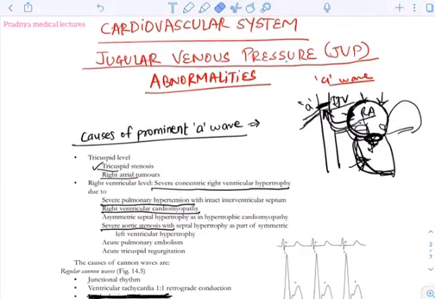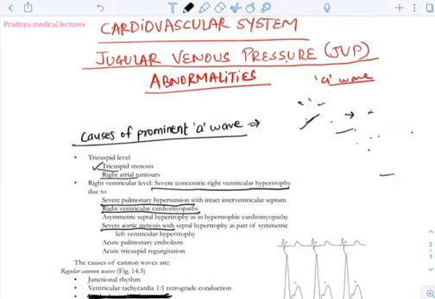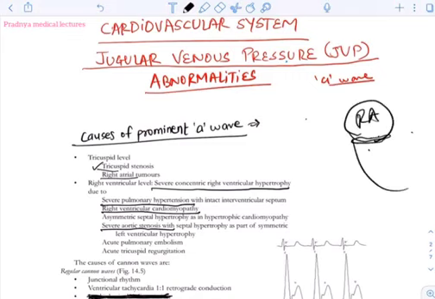Now, secondarily, if we look at the pathology, the right atrium may have to contract against a closed tricuspid valve. So what will happen?